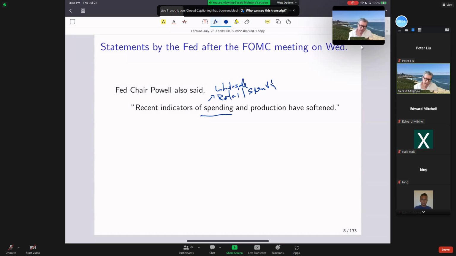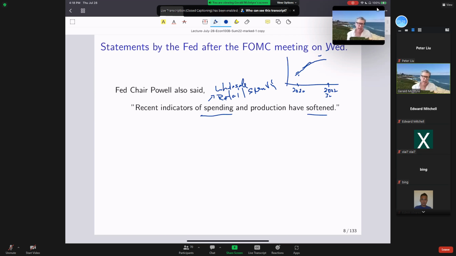And if you look at wholesale and retail spending, say from 2020 to 2022, June, they're doing something like this. They're starting to slow, but not falling yet. Okay, that's what we mean by softening, right? The slope has fallen off, but has not yet declined.